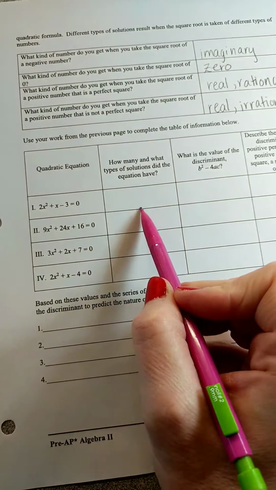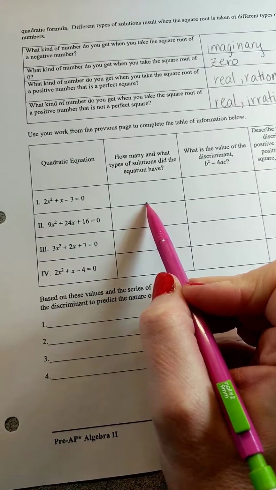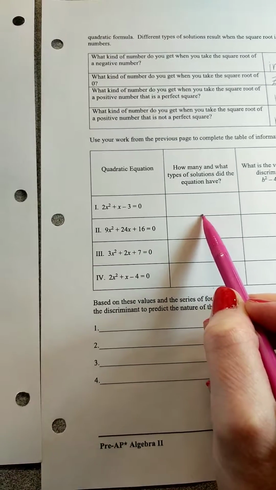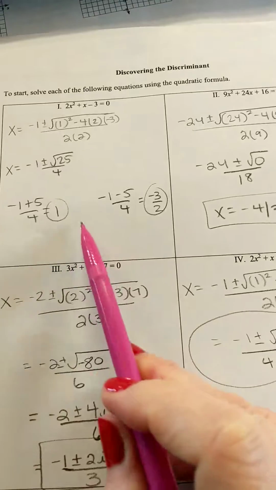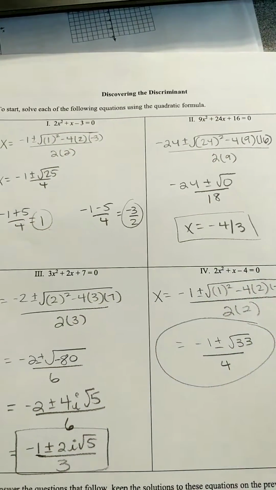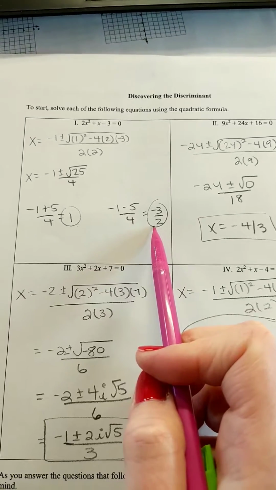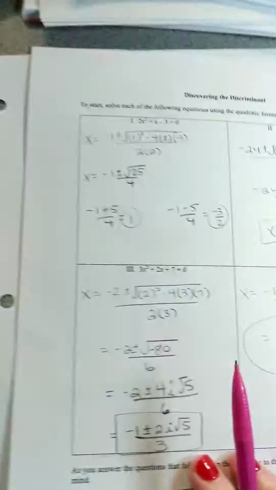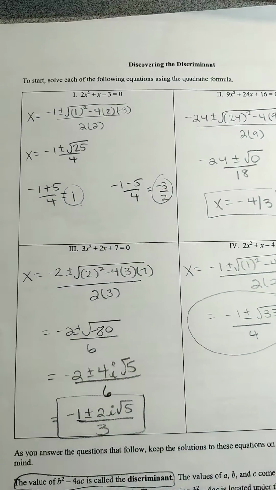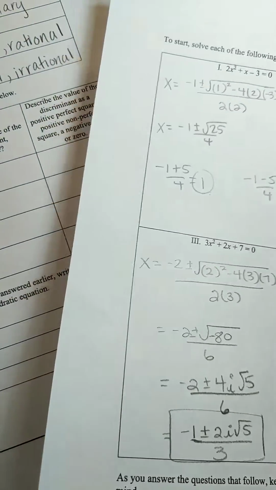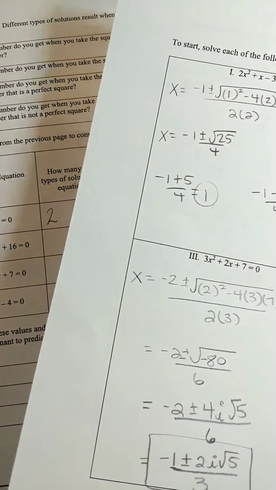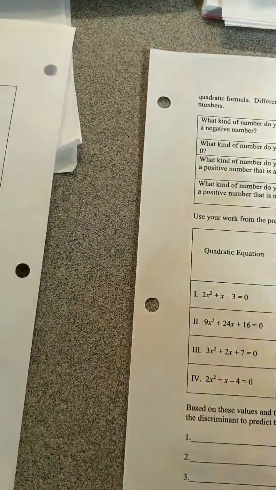How many and what type of solutions did equation 1 have? It had 2: 1 and negative 3 over 2. Oh, you can't see that. I've just got that on the camera. Okay. What type were they? They were real and rational.